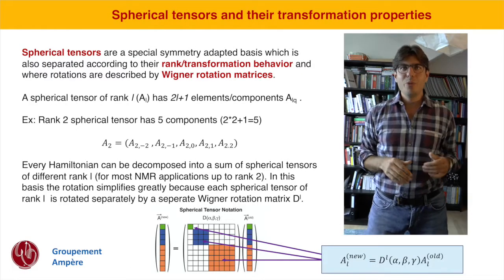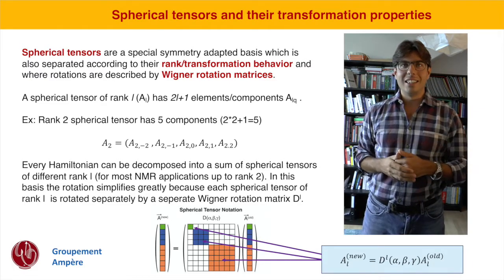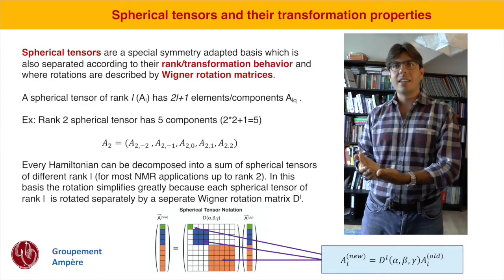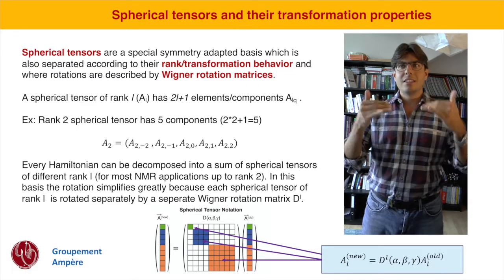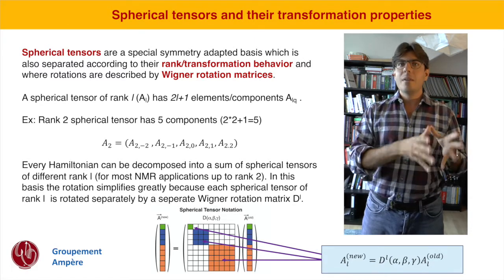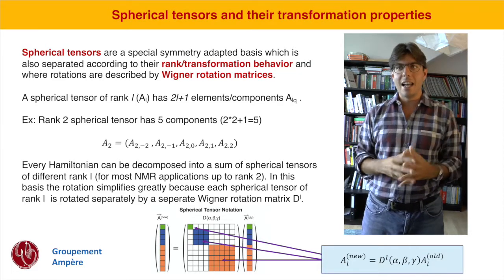And now let's move to spherical tensors, and we already said it in the last videos. Spherical tensors are a special symmetry adapted basis set, which is also subdivided and classified according to the tensor ranks, meaning according to the transformation behavior of all the basis elements.